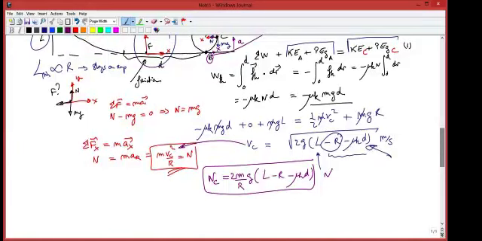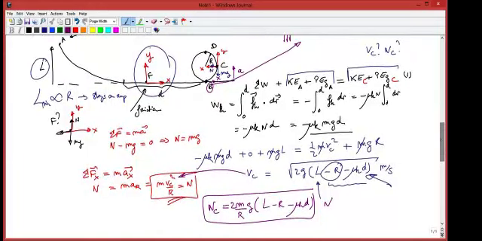What will be the difference at point D in the potential energy term? As you redo this last part on your own, what will be different with respect to the potential energy due to gravity at point D compared to point C? At point C, it was mgR. At point B, it was 0. What will it be at point D?